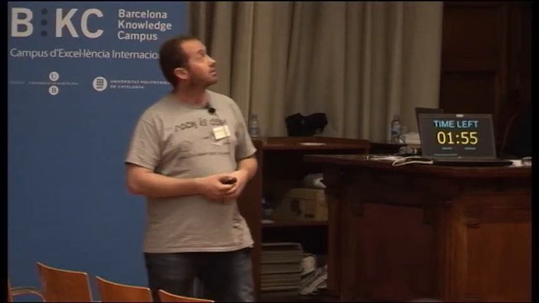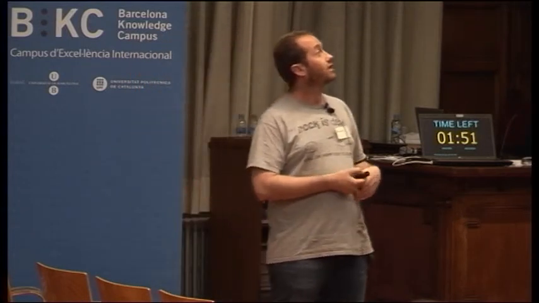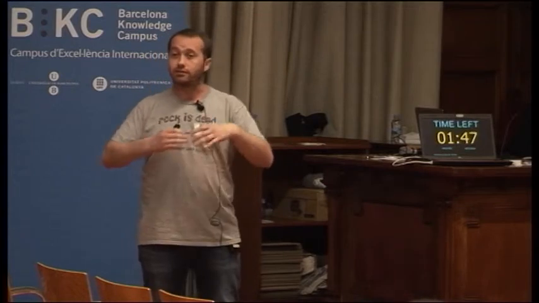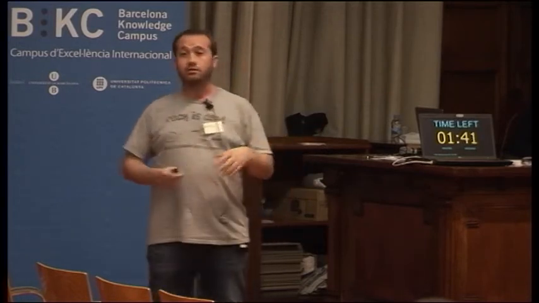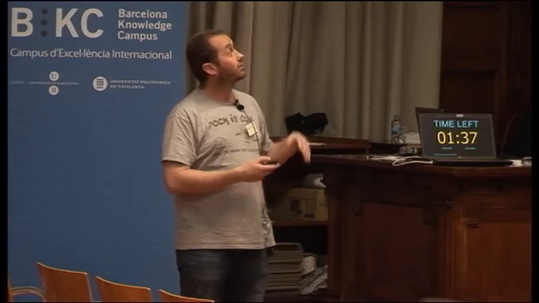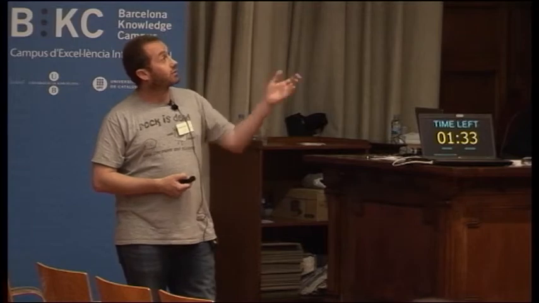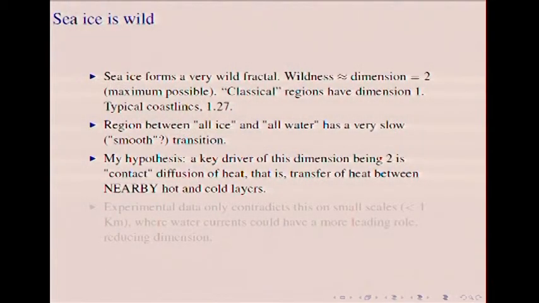The hypothesis that I want to check is based upon the fact that when you go from the interior, from a big layer of ice to a big layer of ocean, you don't all of a sudden appear on one place to the other, but you go through a very smooth transition between the two states. So my hypothesis is that the key driver of this dimension being 2 is contact diffusion of heat.